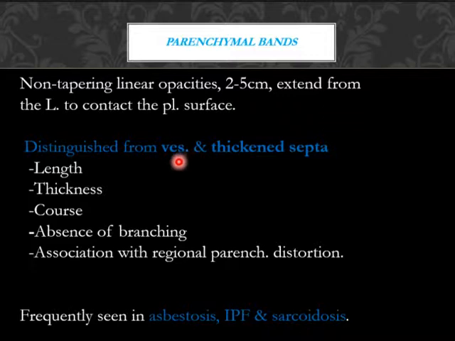They are distinguished from vessels or thickened septa by their length and coarse thickness. They are not branching and are associated with regional parenchymal distortion. They are frequently seen in asbestosis, pulmonary fibrosis, and sarcoidosis.